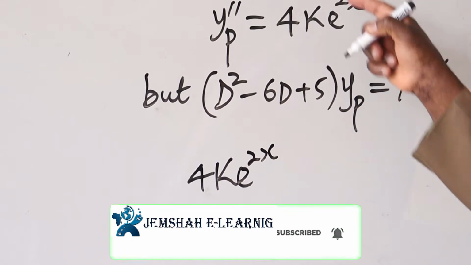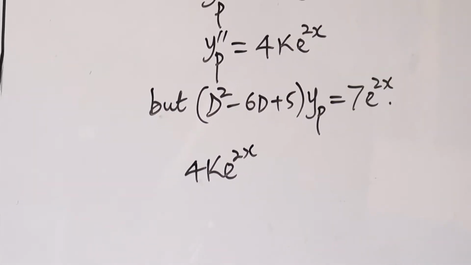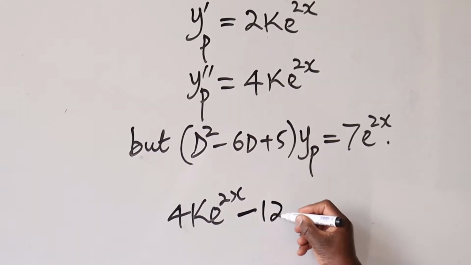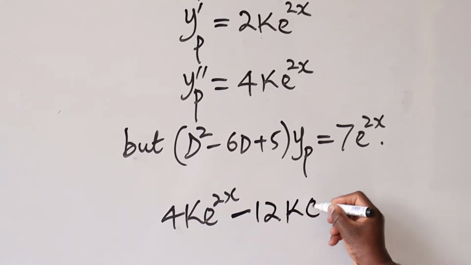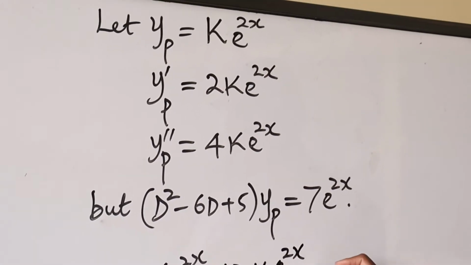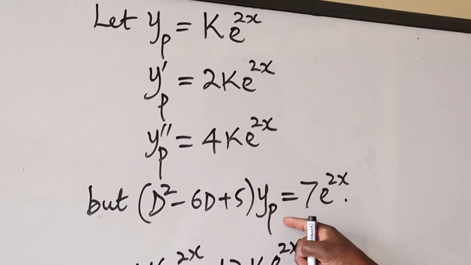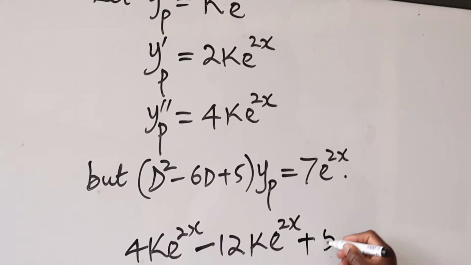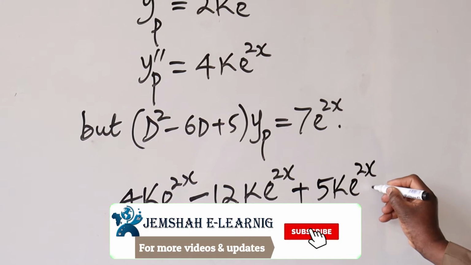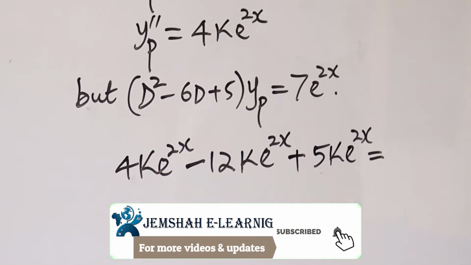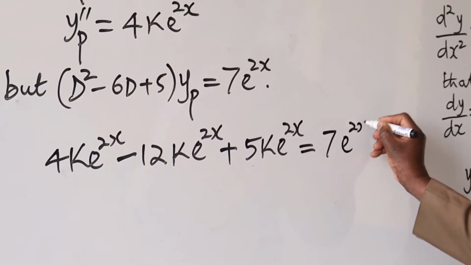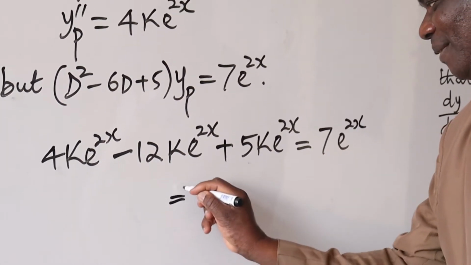D times yp, the first derivative, times minus 6, we get minus 12k exponential 2x. Plus 5 multiplying yp, we have 5k exponential 2x. And this is what we equate to 7 exponential 2x.